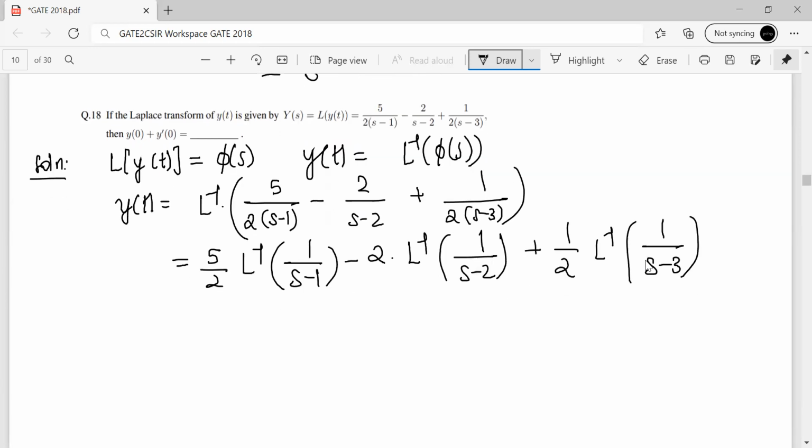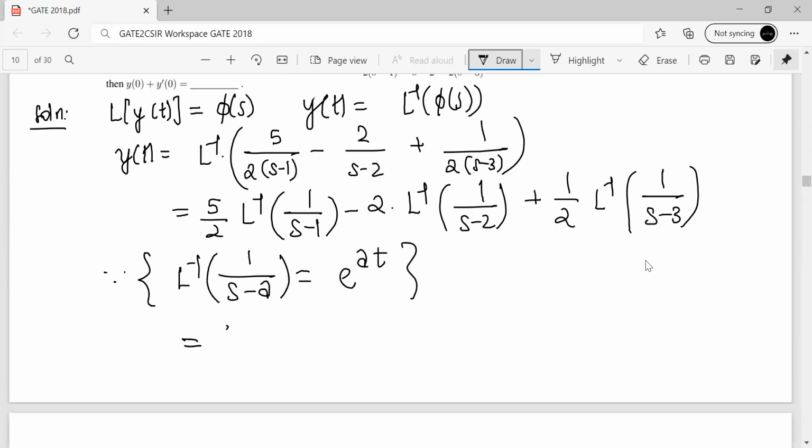Now note one standard result, that L inverse of 1 over s minus a is e power at, because the Laplace transform of e power at is 1 over s minus a. So L inverse will be this.